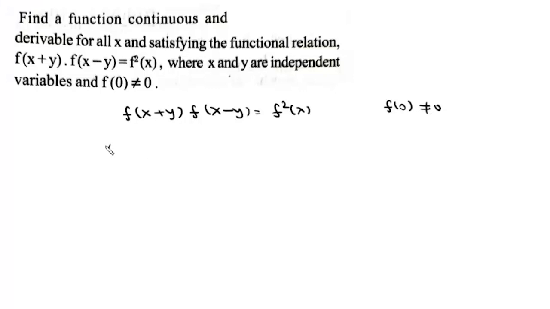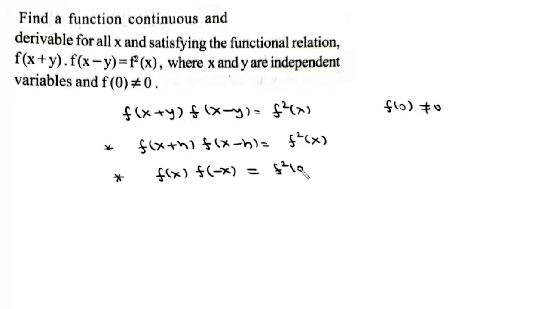Now in this, what we'll do is we'll put y as h, then we'll get this relation that f(x plus h) into f(x minus h) will be equal to f square x, and if we put x as 0 and y as x, then we can write f(x) into f(minus x) will be equal to f square 0.